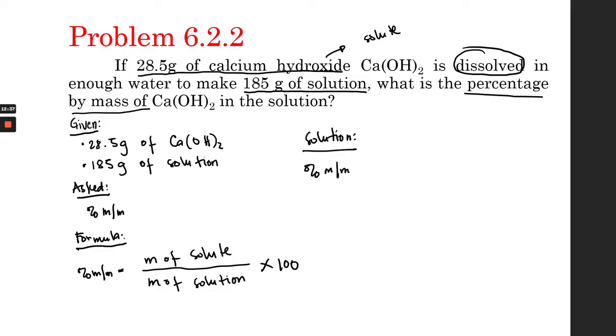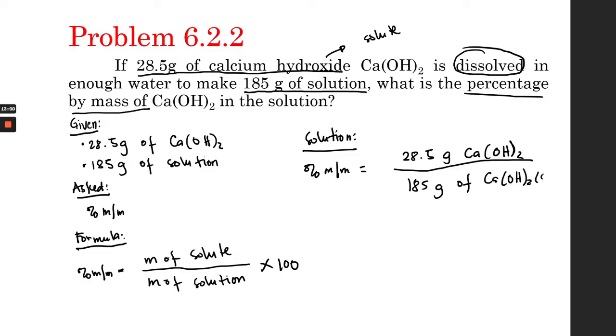Percent by mass is equal to 28.5 grams of CaOH2, this is our solute, divided by 185 grams of the CaOH2 solution.